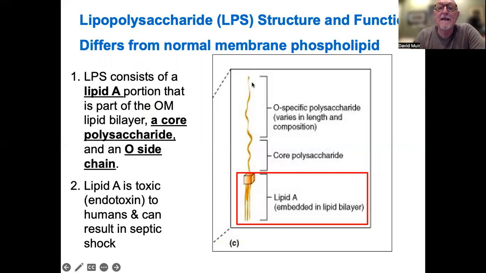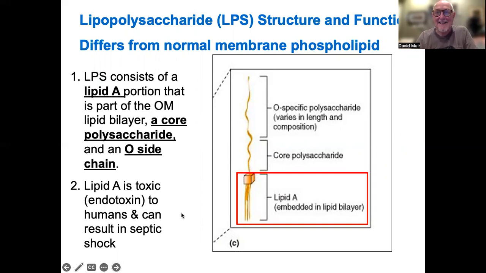Then on the outside here are polysaccharides. There are many different versions of this lipopolysaccharide molecule. Many of them have different polysaccharides attached to them. It depends on the species of bacteria.